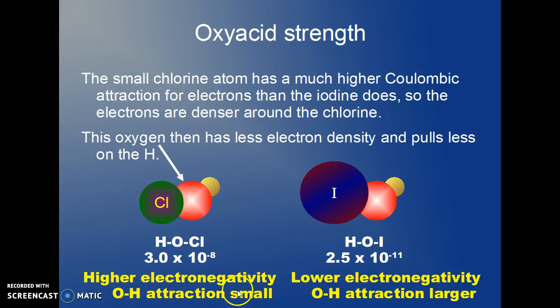That means, of course, that this has a higher acidity, the HOCl, than the HOI. The numbers show it, and the electronegativity of the Y atom, chlorine or iodine, will explain that difference.